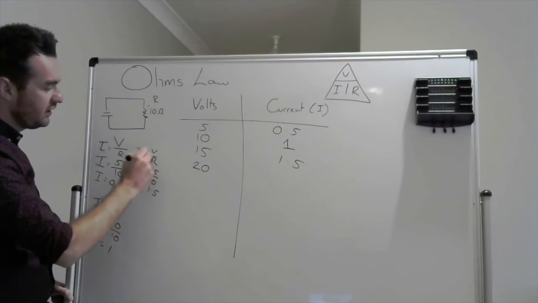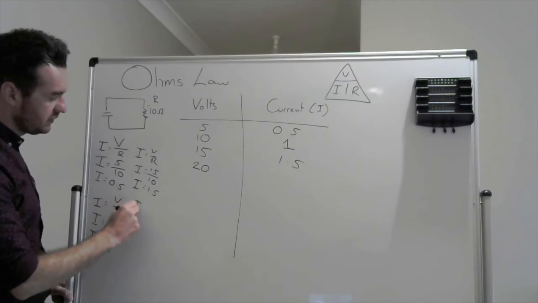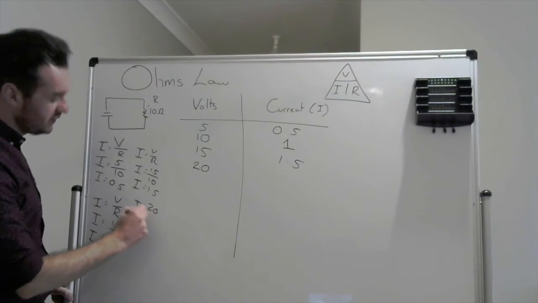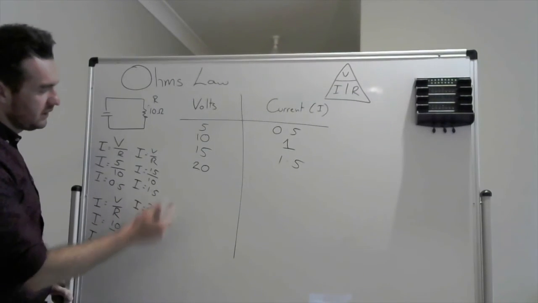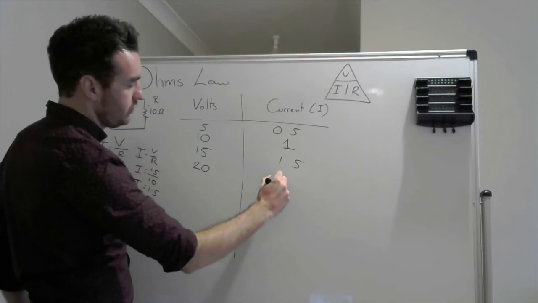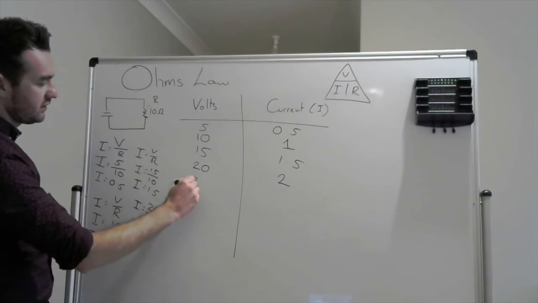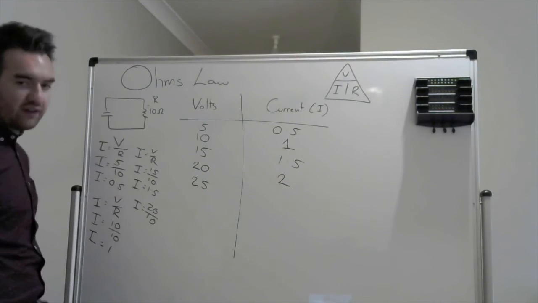So I equals V over R, I equals 20 divided by 10. The current then hopefully should be 2. Increasing it again, 25.